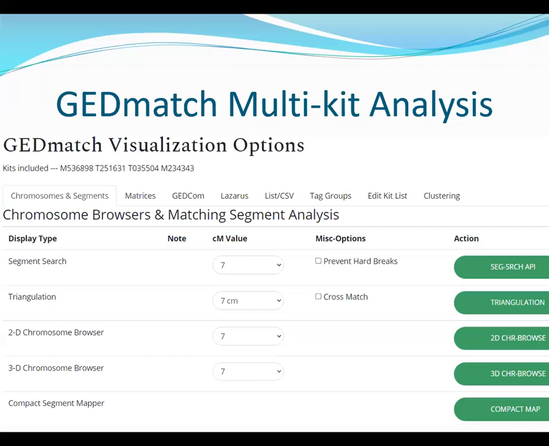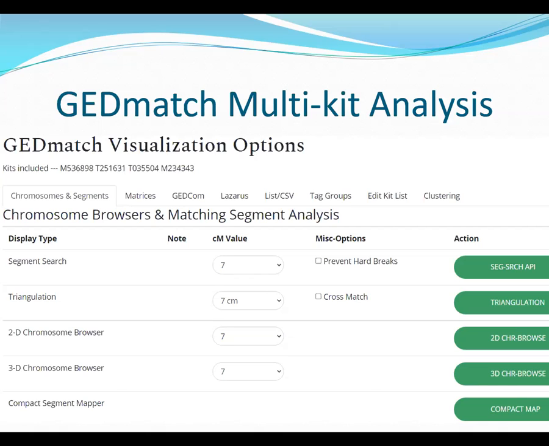Now, each of these features is available as a clickable spot. The chromosomes and segments up in the left corner there, that's the first one. There's also matrices, GEDcom, the Lazarus tool, which I introduced a little bit earlier, and then tag groups, which is where you have a group of people you put into a cluster because they're related to each other.